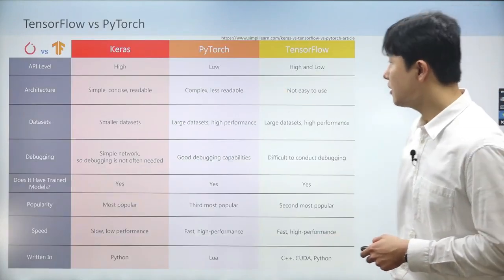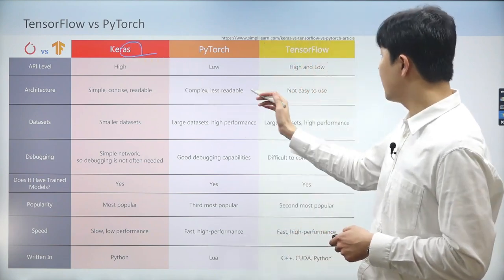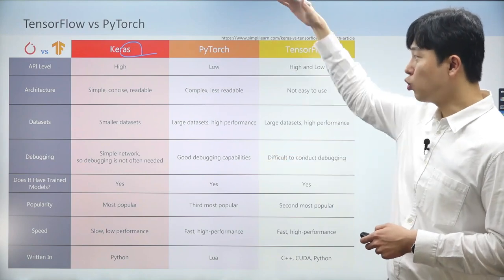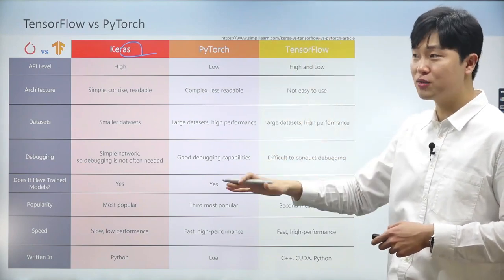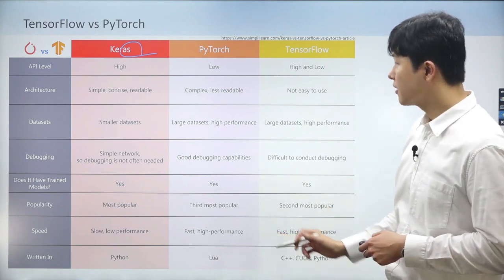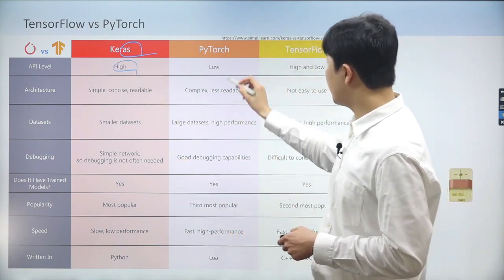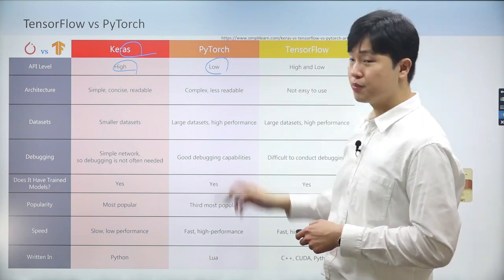To summarize the differences between Keras, PyTorch, and TensorFlow, API means the level of abstraction of the libraries. So high means it mainly deals with software, versus low means it deals with hardware. So, to take a look at the libraries based on the API, Keras operates on a high layer, whereas PyTorch operates on a low layer while providing easy syntax.